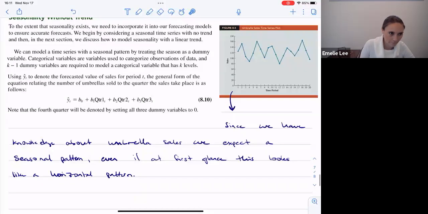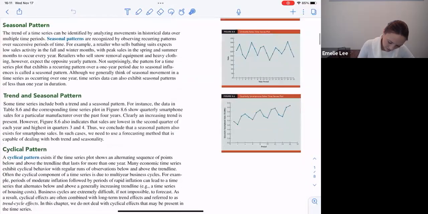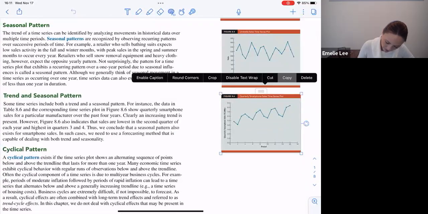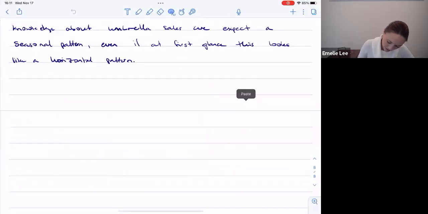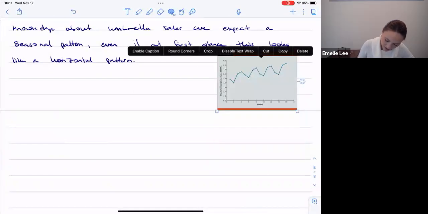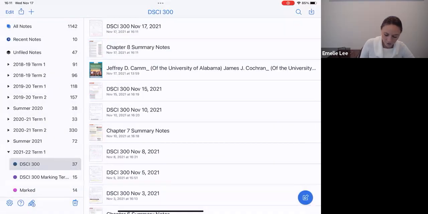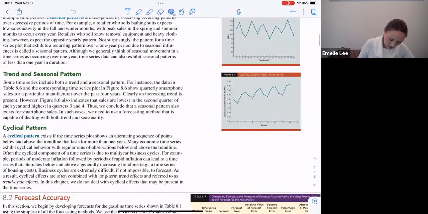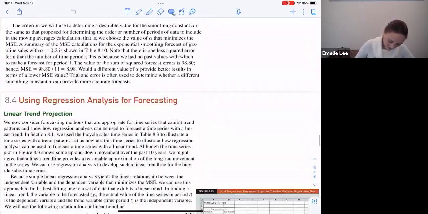Of course, we could have a combination. We often have a combination of seasonality and a trend.